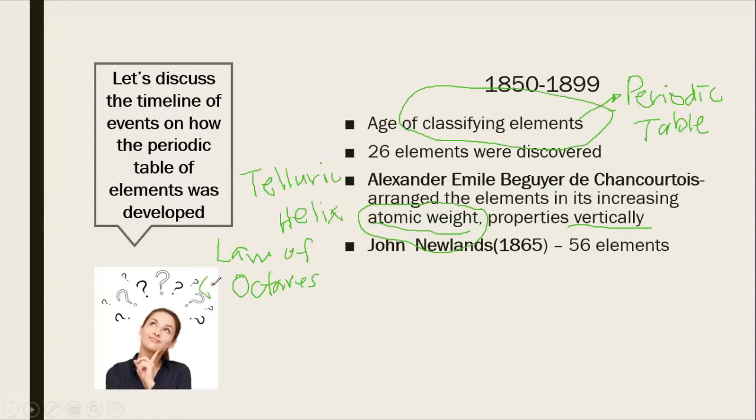So ibig sabihin, doon sa kanyang periodic table, there were 8 elements in 7 groups. So may 7 groups, and then he actually arranged it in a horizontal manner. So may 8 na elements sa isang group, and then there were 7 being arranged. So 8 by 7. Pag minultiply mo siya, 8 times 7 is 56 elements.